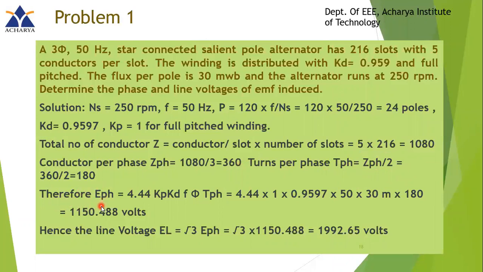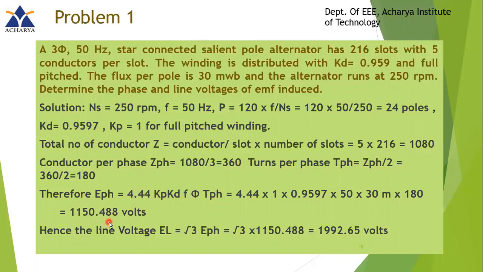Therefore, the phase voltage, or the EMF per phase induced in a synchronous generator, is given by this formula: 4.44 Kp Kd f phi into T phase. So substitute the values and find out. Whatever you have found, this value is nothing but the phase voltage.